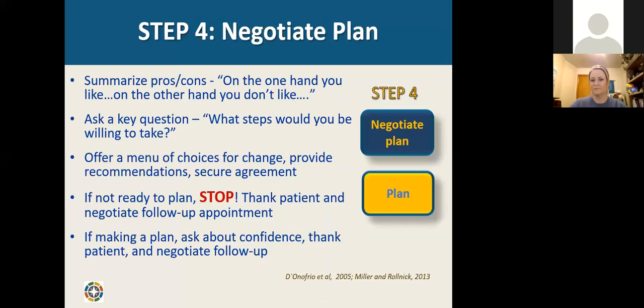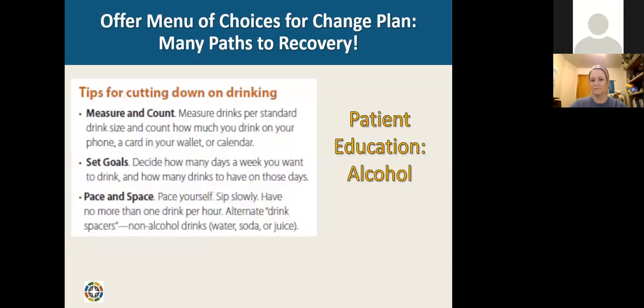In that next step, negotiating a plan, this is really talking about a menu of choices, maybe recommending, but also just encouraging individuals to make a plan to either cut back their use, to stop their use, and or accept a referral. So in this aspect, I think it's important to remember that there are many paths to recovery.